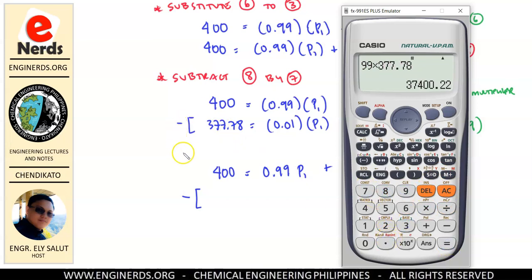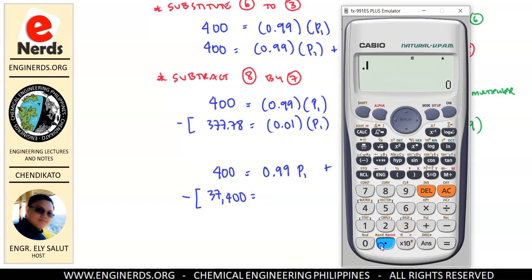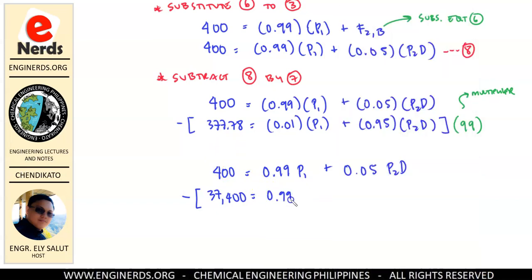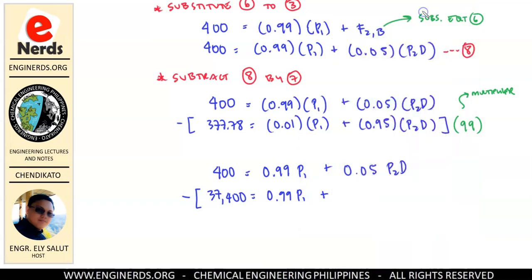So, we have 37,400. 37,400 is equal to 0.01 times 99, which is equal to 0.99. So, ito yung sinasabi ko. Nag-equal na ngayon yung coefficient natin sa P1. Then, plus, we have 0.95 times 99, we have 94.05.